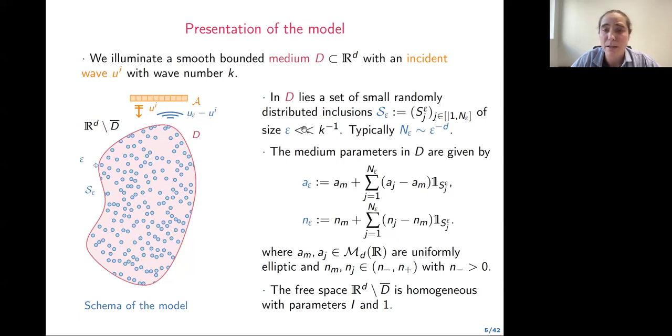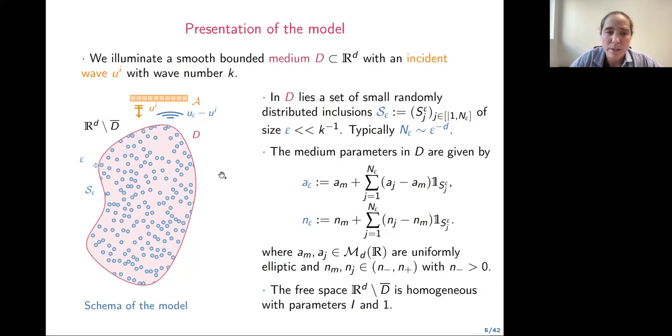They are of size epsilon, which is why I call them S epsilon J. Epsilon is way smaller than the wavelength, so the inverse of k. Typically, the number of scatterers is of the order of epsilon to the minus d. So the smaller the scatterers, the more scatterers you have, so that the mean density of scatterers is always constant.